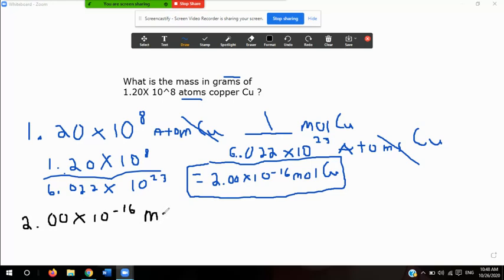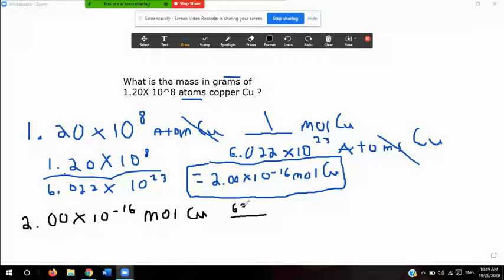Remember that the molar mass is numerically equal to the atomic mass. So basically, when you go to the periodic table, you find out that the molar mass of copper is approximately 63.58, if I'm not mistaken. 63.55. So if you go to the periodic table and you look for the atomic mass of copper, it's 63.55.